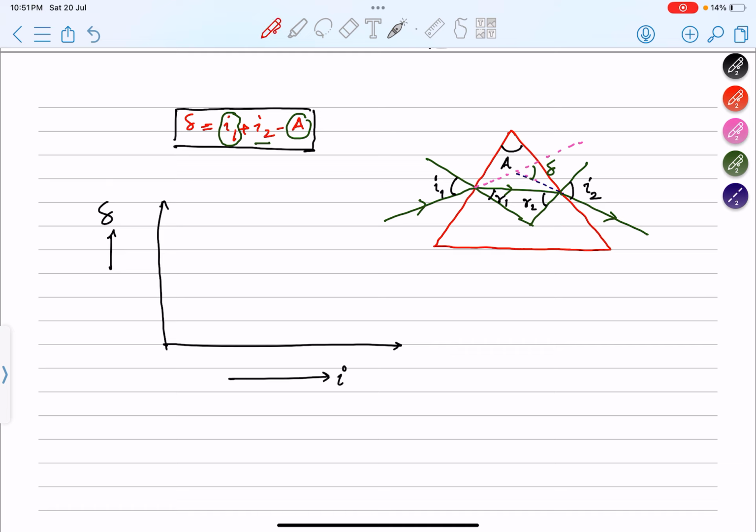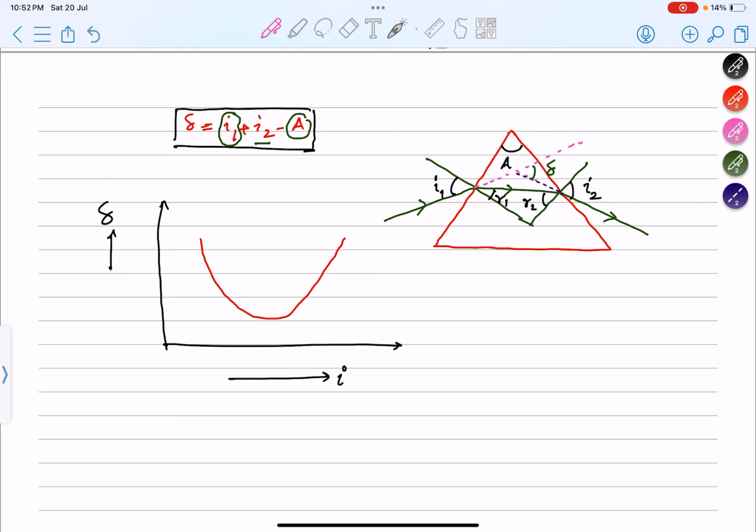If you take the data and plot a graph of delta versus I, then we shall see that with increasing angle of incidence, the angle of deviation delta first decreases and reaches a minimum value, then it increases like this.